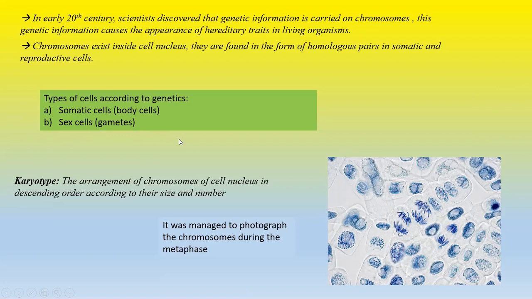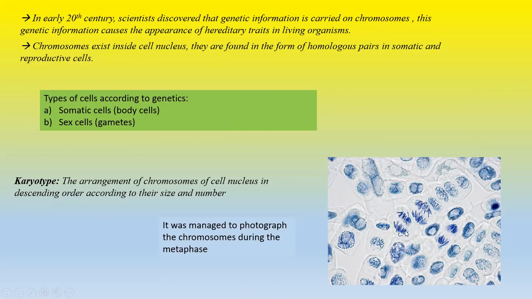So the scientists started to see these chromosomes and wanted to know how these chromosomes can inherit the features of the organisms. This is a real photograph of the chromosomes, by the way.